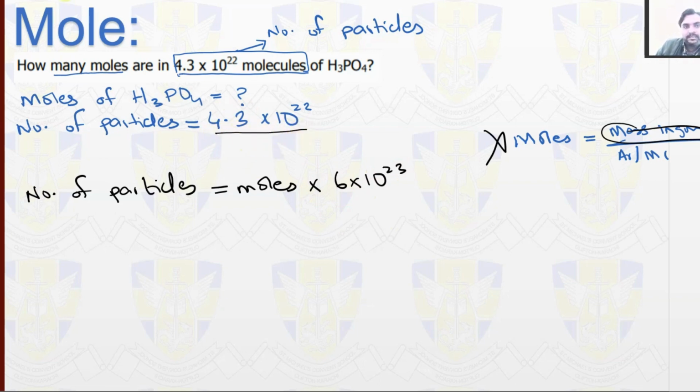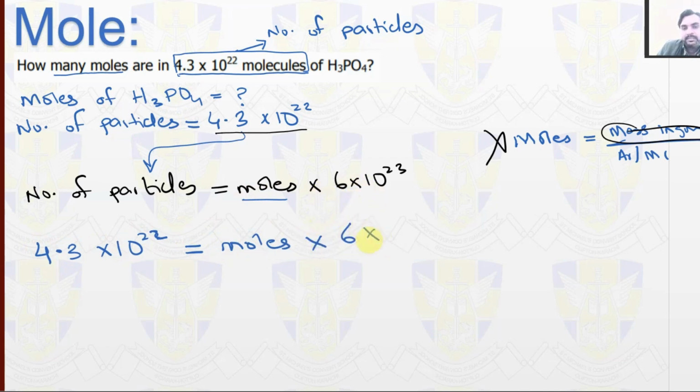So you have to substitute this value: 4.3 into 10 to the power 22 equals moles. Now moles are unknown to you, and the question is asking you to calculate them. So put moles over there, multiplied by 6 into 10 to the power 23, right?